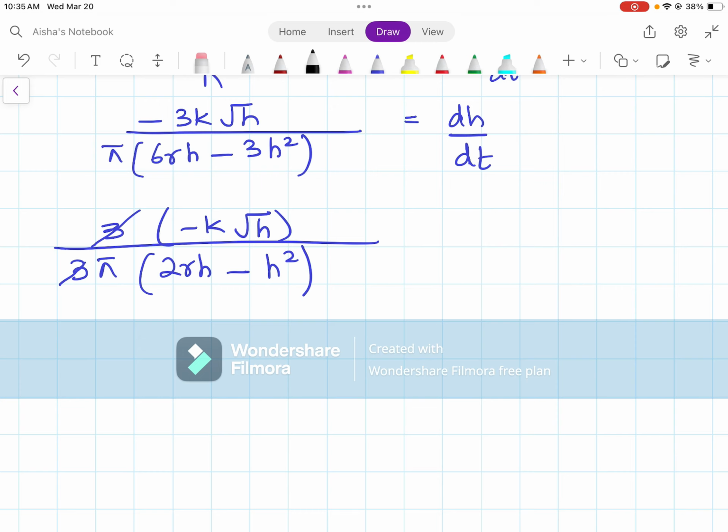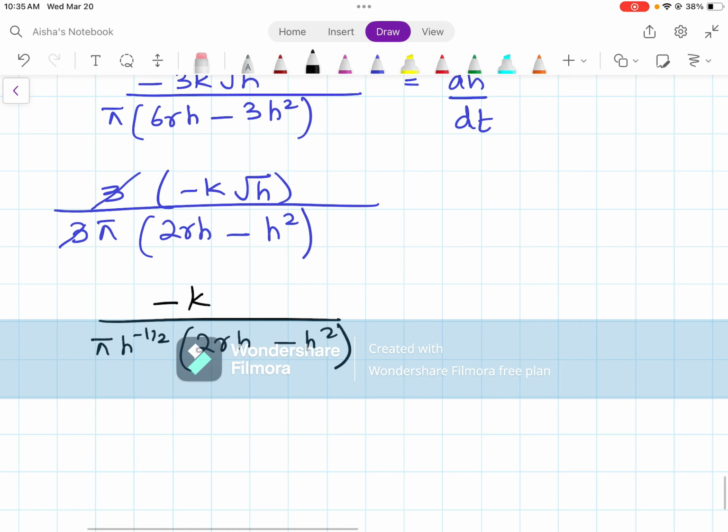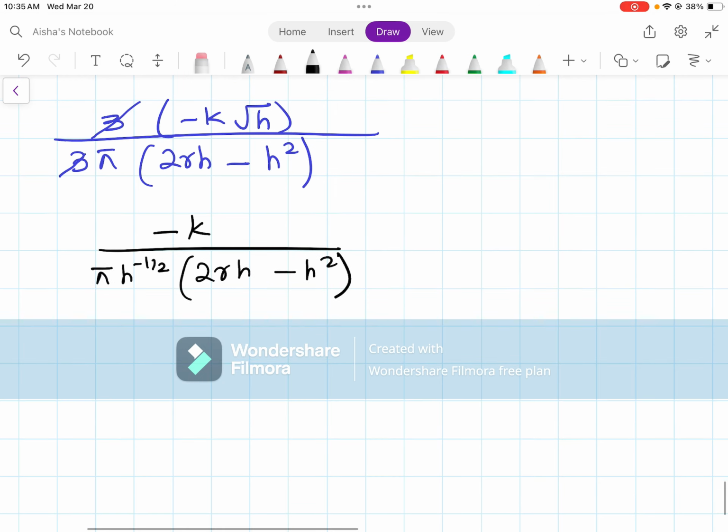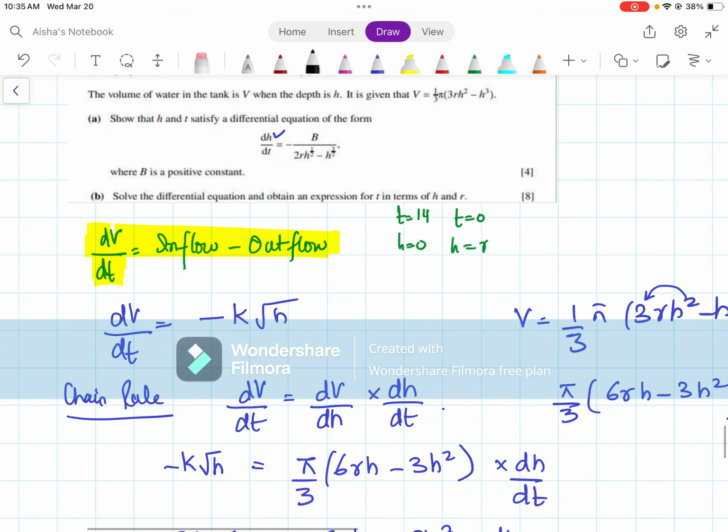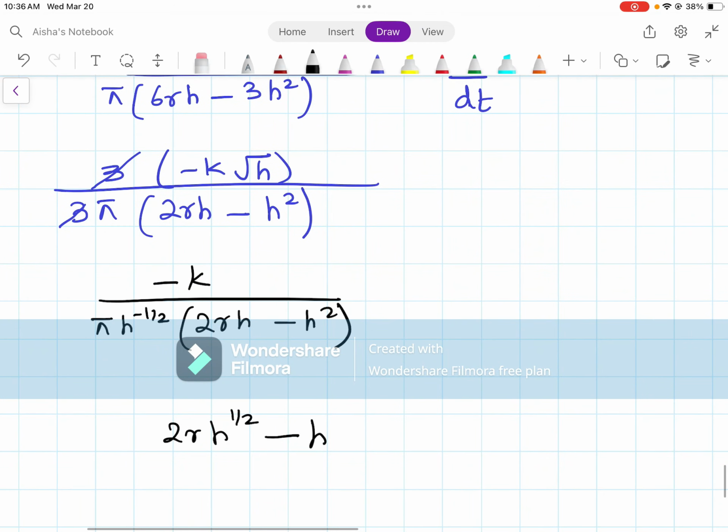Root h, if it is positive on top, will go down to the denominator, and I will multiply this. Minus 0.5 plus 1 gives you power half, and power 3 upon 2. Yes, perfect.